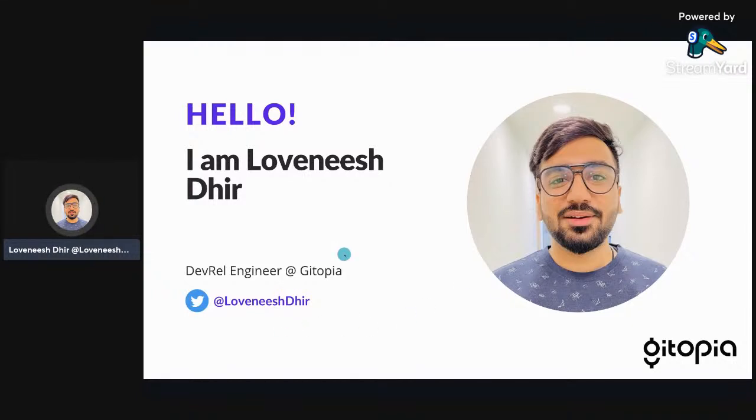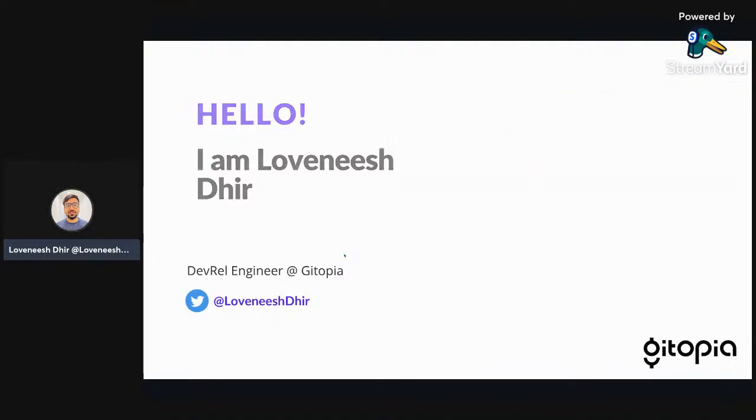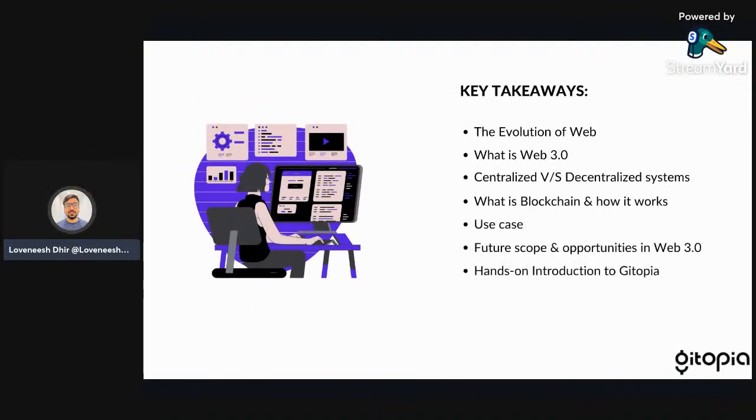So let's move forward to the agenda of today's session. Today, the session is around Web3. Without discussing the evolution of web, you'll not be able to grasp the concept of Web3 entirely. We'll be starting with the evolution of web. After that, we'll discuss what Web3 particularly is.